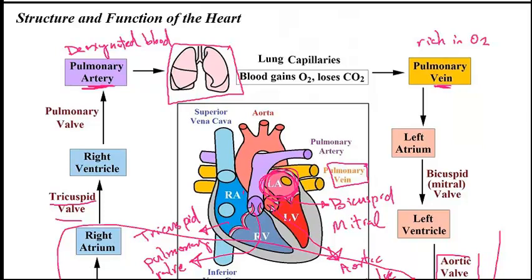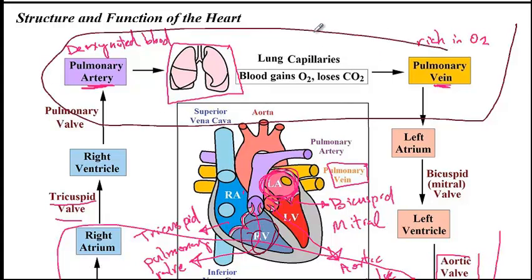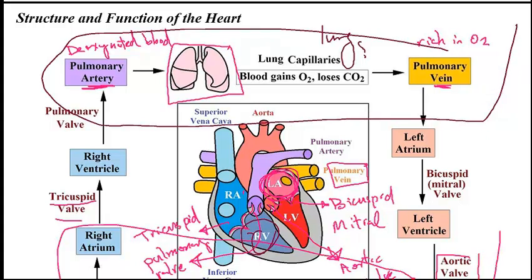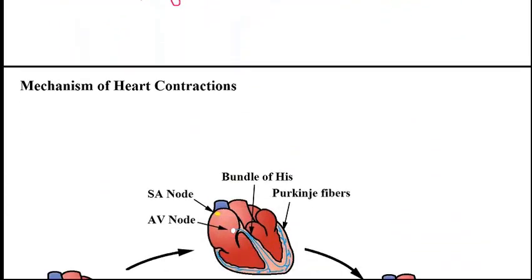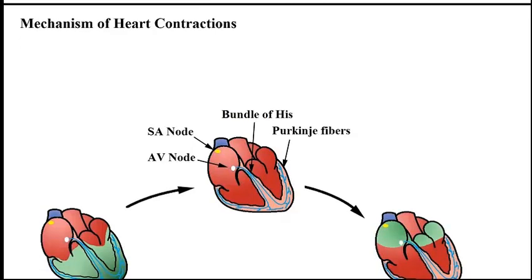And then we have pulmonary circulation where via the right ventricle blood is pumped into the lungs. All right, and I will go over that again in a separate image that better shows the difference between systemic and pulmonary circulation. All right, now let's go over the mechanism of heart contraction.